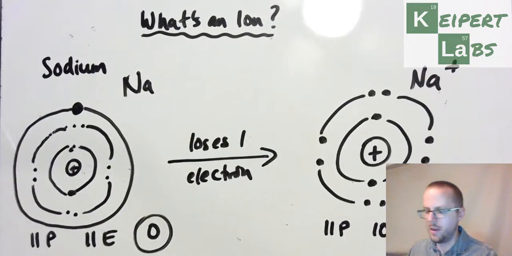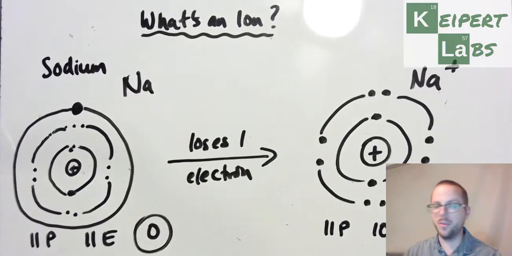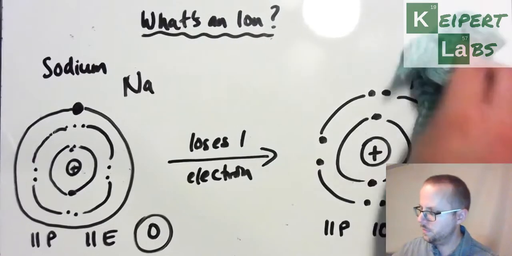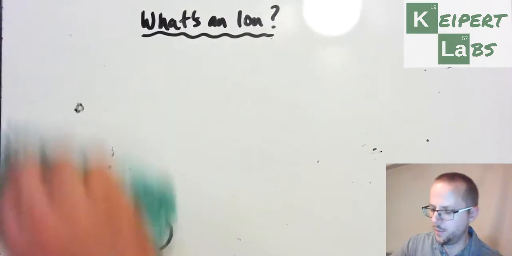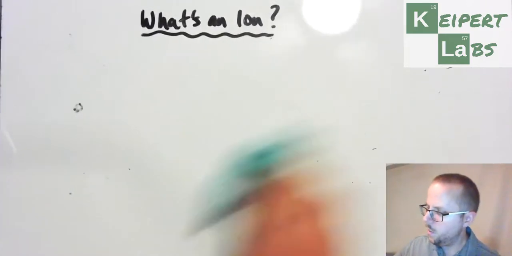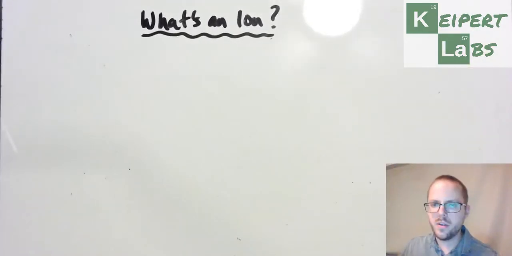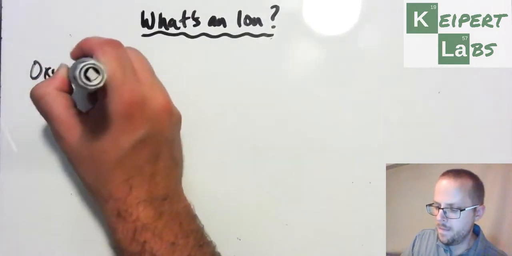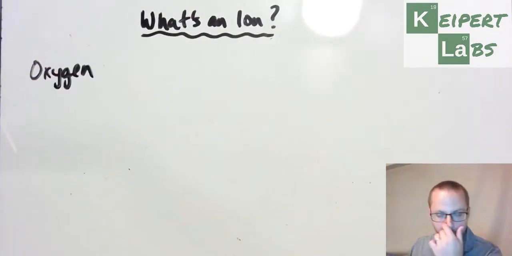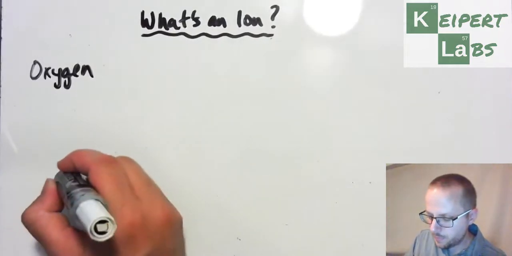Now we're going to have a quick look at an oxygen atom. What we see with an oxygen atom is something a little bit similar, but not quite the same. So oxygen has an atomic number of 8.